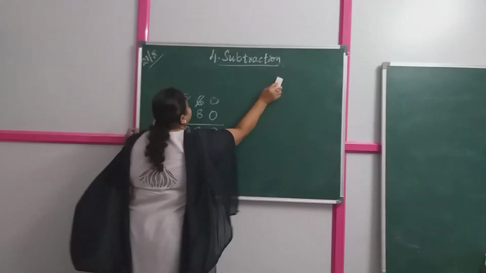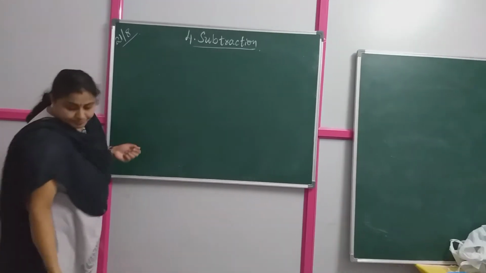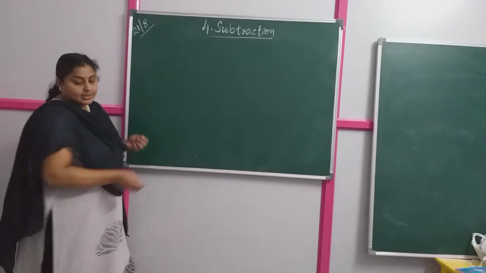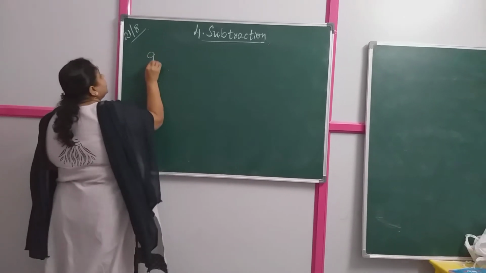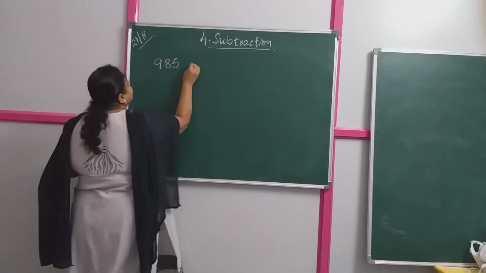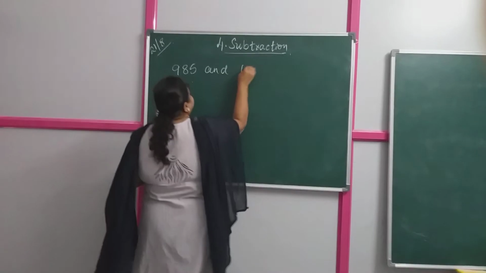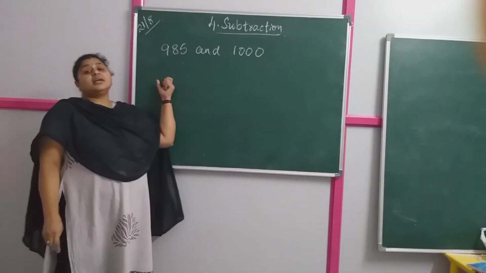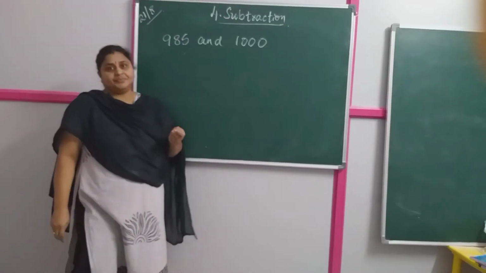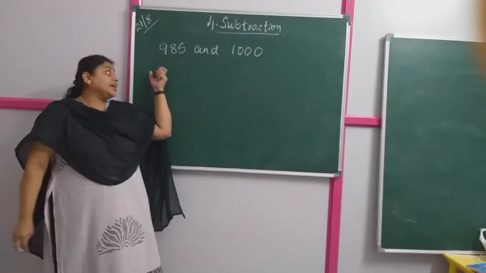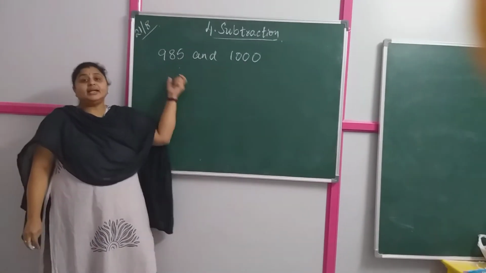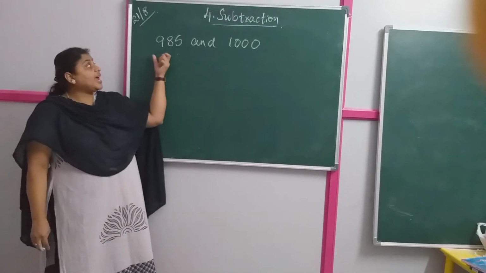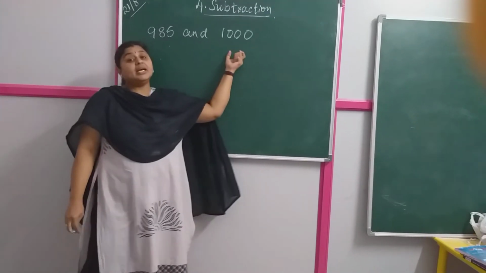Now let us solve another example. Find the difference, or subtract, 985 and 1000. If I say subtract 985 and 1000, generally if you have the bigger and smaller, similarly you will write, and the arrangement is very easy. But here we have the smaller number first and the bigger number last.